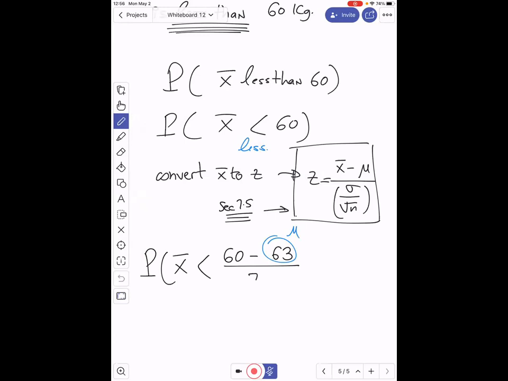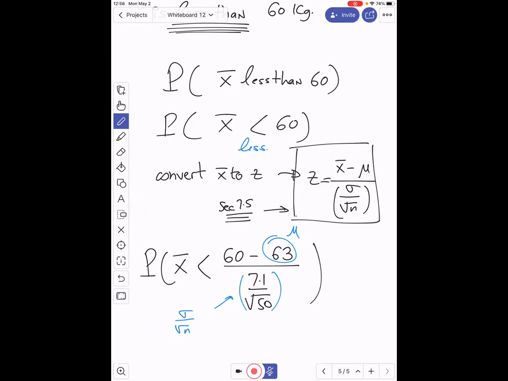Sigma is 7.1, but it's not just sigma, it's sigma over square root of n. Here n is the size of the sample. It says X bar for a random sample of 50, so n is 50. So you see the difference, guys.